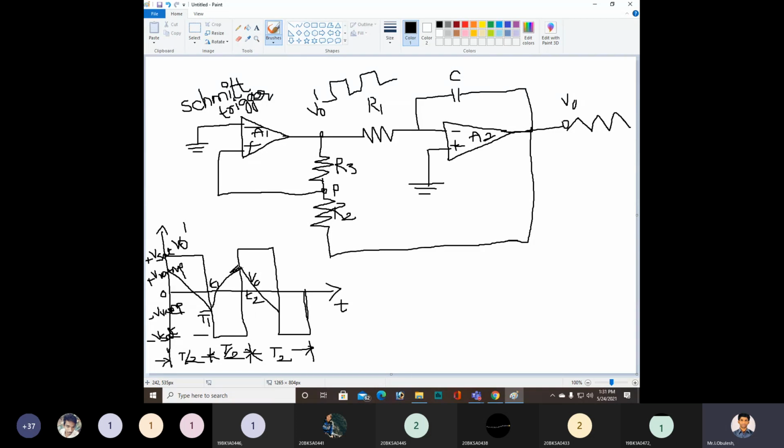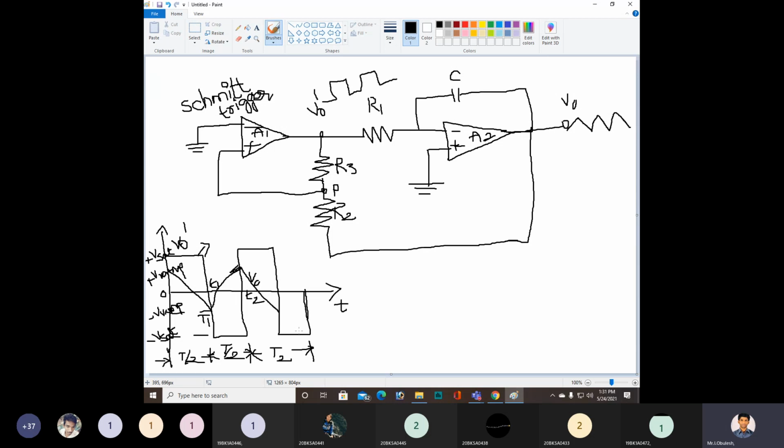The voltage at point P of the voltage divider is slightly more than 0 volts.